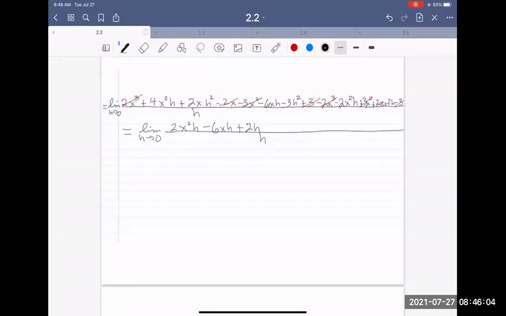Let's see the terms involving h squared. There are two terms involving h squared. So plus 2x h squared minus 3x h squared. I think that's it.